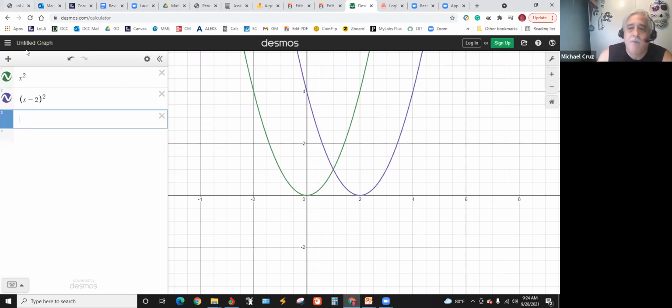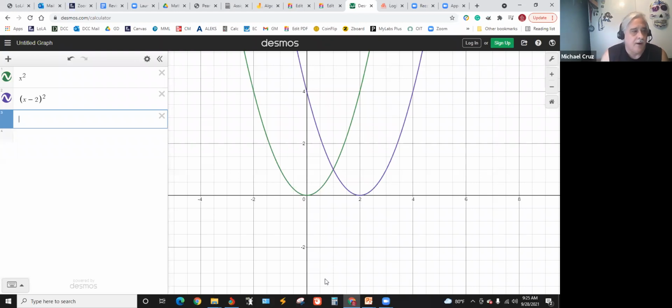So notice the green one is the parabola formula, the x squared formula, also called a quadratic. The x minus 2 all squared. Notice what it does. It shifts it in the positive direction 2.